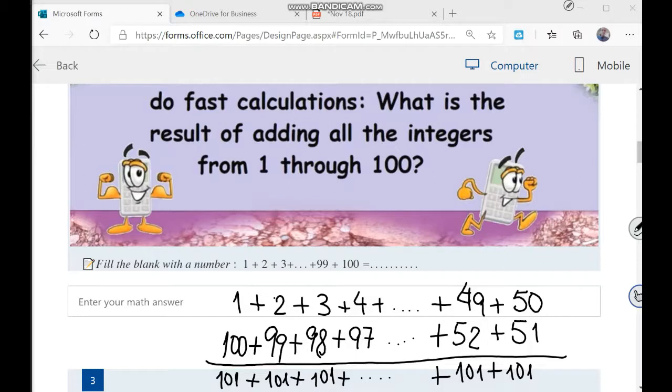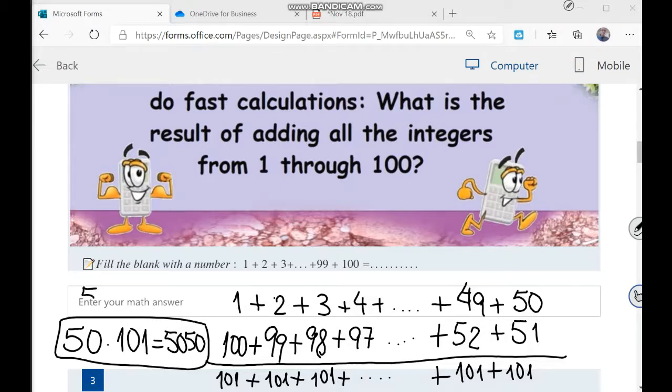How many 101s are you going to have? From 1 to 50, 50 times, right? 50 times 101. And if you do this multiplication, 50 times 101, 5050. This is going to be the answer.